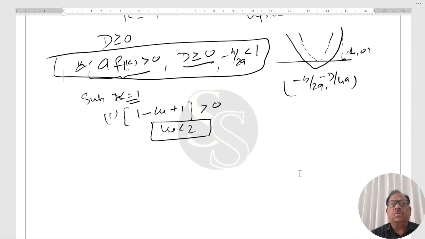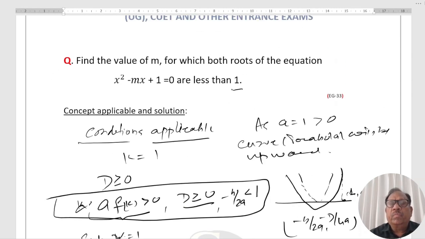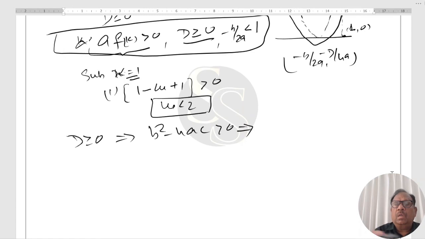D should be greater than or equal to 0, which means b square minus 4ac should be greater than or equal to 0. What equation do we get? m square minus 4 into 1 into 1 greater than or equal to 0.